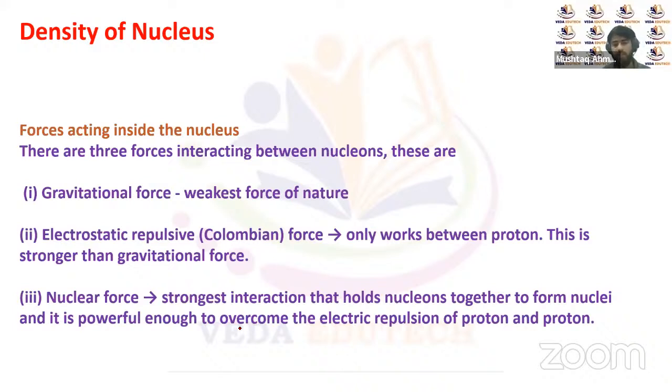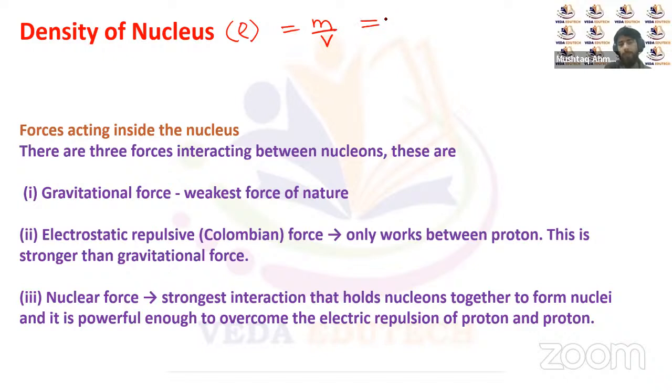Now talking about the density of the nucleus. Density is what we call, for any object, the mass per unit volume, right? That's the density. Now let's talk about the density of this nucleus.